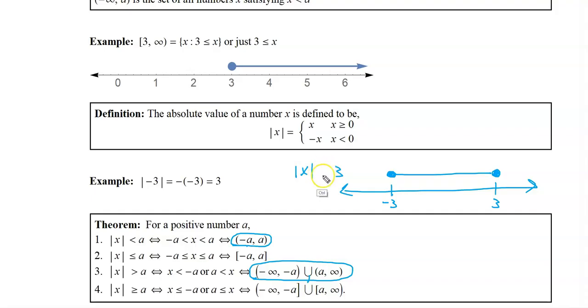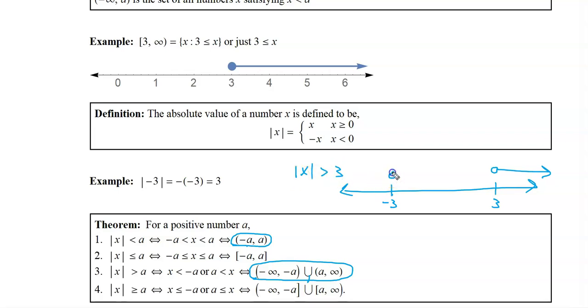If I want to look at all the numbers x whose absolute value is bigger than 3, of course that would be numbers like 4, 5, 6, all the way to infinity, so it would be all these numbers. And also -4 would work here. If I put -4 in for x, the absolute value of -4 is +4, which is bigger than 3.